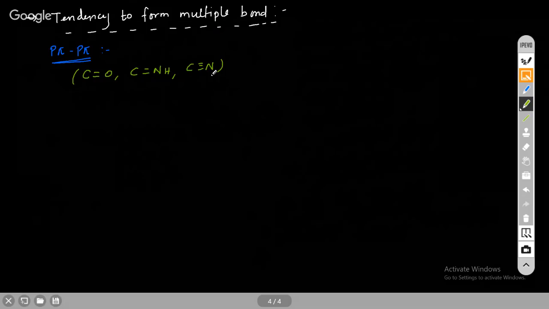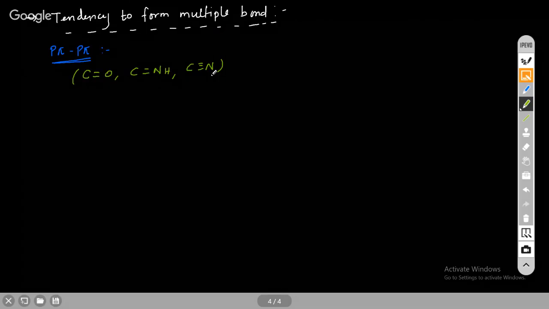This is due to the small size and high electronegativity of carbon atom.